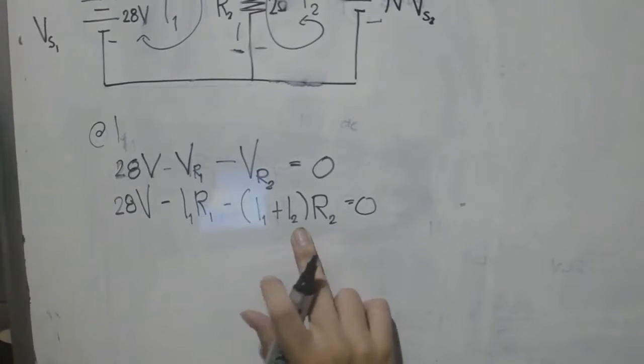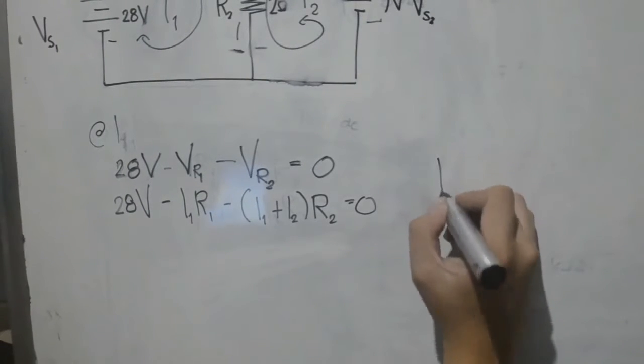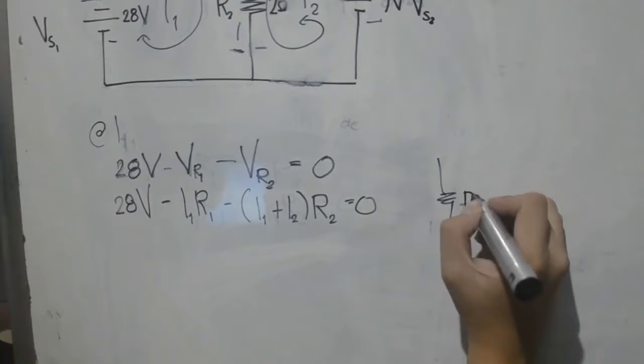The current of R2 here is the sum of I1 and I2, since we assume the loops enter R2.